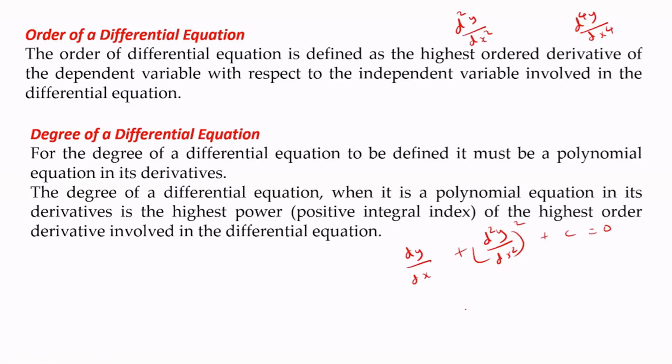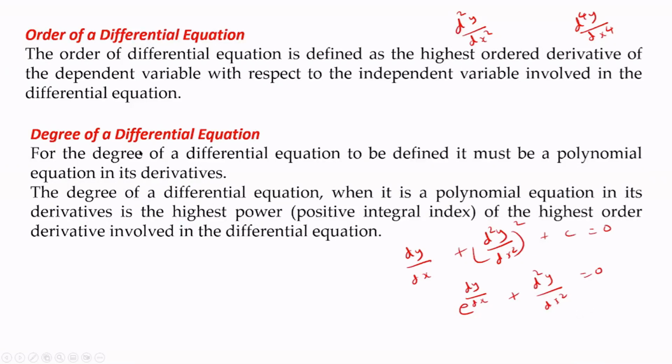On the other hand, if we have a differential equation of the form e raised to dy by dx plus d square y by dx square equal to 0, here the degree of the differential equation is not defined, because it is not a polynomial equation in its derivatives.